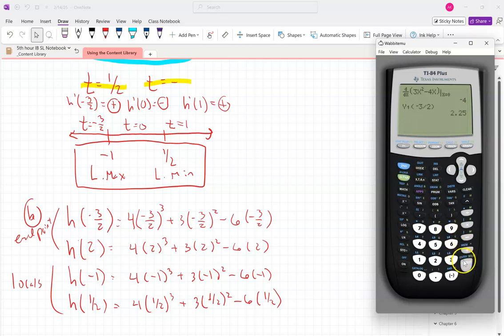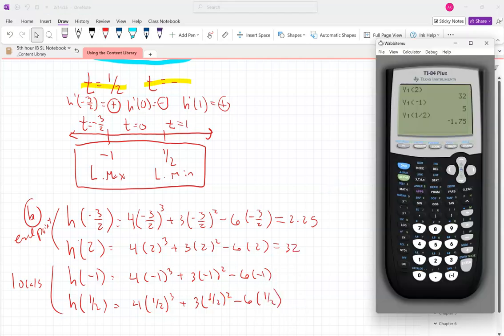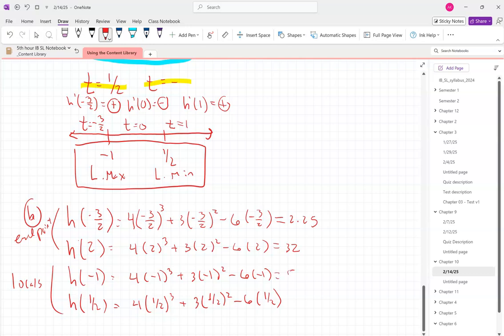So that's what the solution is for negative 3/2. And I have positive 2. And I have negative 1. And then I have 1/2. So I have 2.25, 32, forgot those other ones already, 5 and negative 1.75.